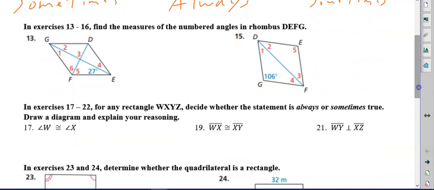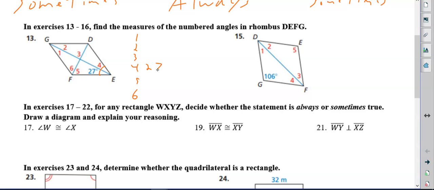Okay, find the measure of the numbered angle in the rhombus. So we're trying to find 1, 2, 3, 4, 5, 6. Well, if this is 27, then angle 4 is also 27.